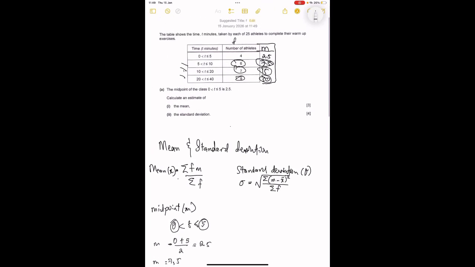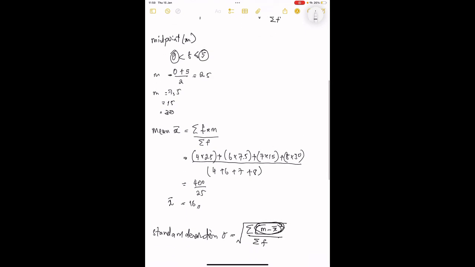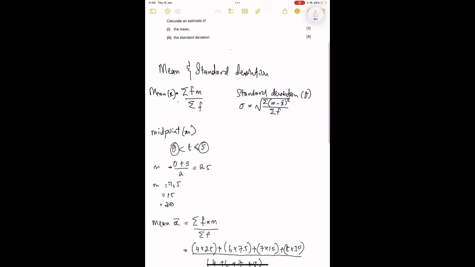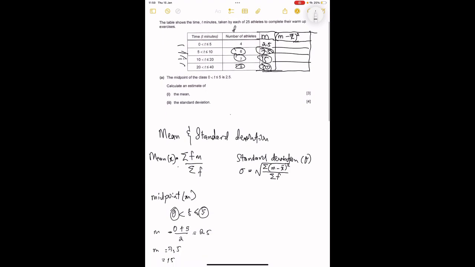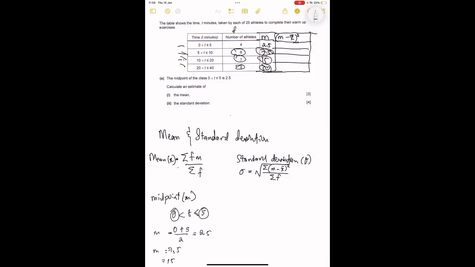You can also add an extra column here with this part calculated, with the column written as f times (m minus x bar) squared. You calculate this for every row, fill the rows, substitute into this formula, then work it out.